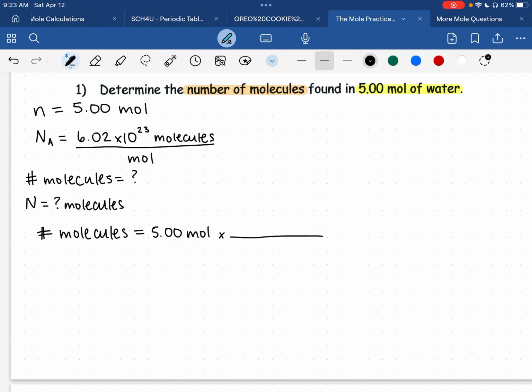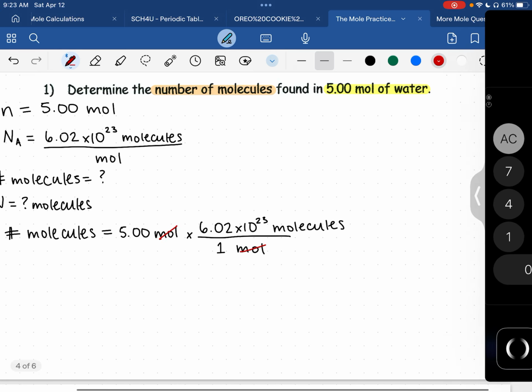So I don't have to do anything to the fraction. It's just 6.02 times 10 to the 23 molecules per mole. And when I have moles like this in the denominator and no number next to it, it means 1. So there's 6.02 times 10 to the 23 molecules per 1 mole. And because I have moles in the numerator right here, and moles in the denominator over here, these guys are going to cancel.